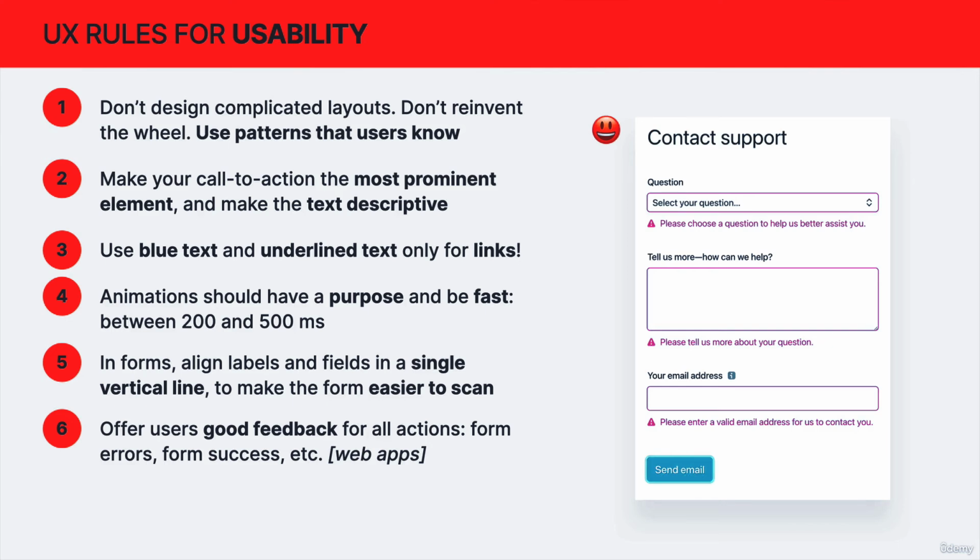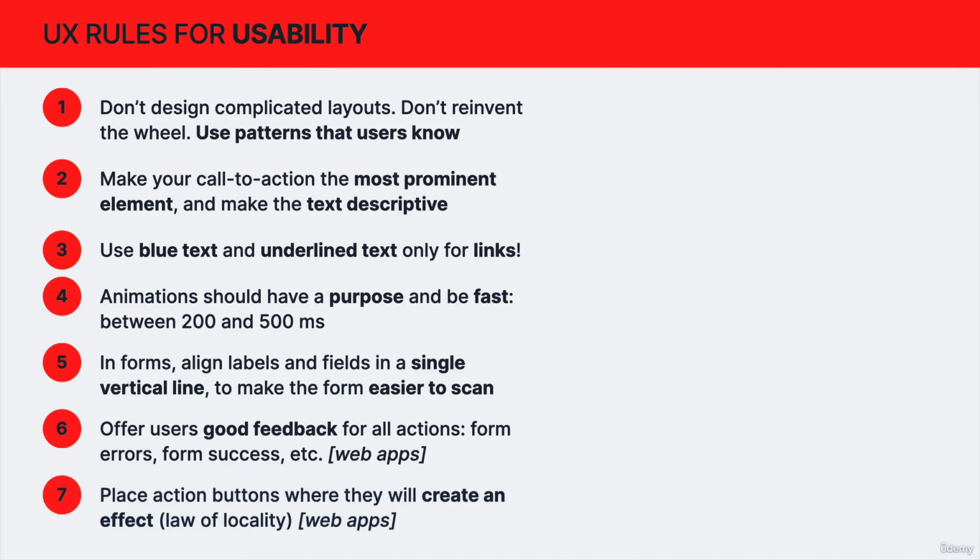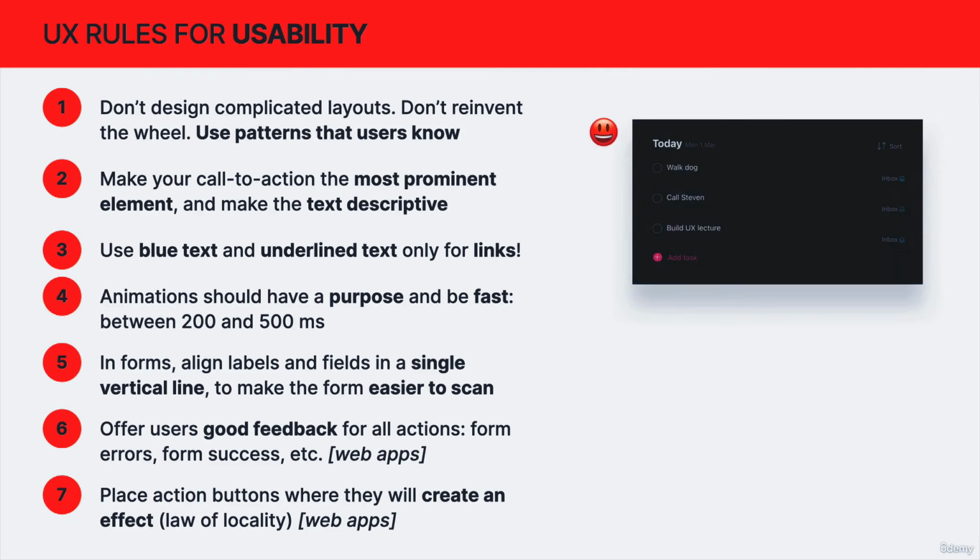And the final rule for usability of your interface is more about web applications, which is the law of locality. What the law of locality says is that whenever you have a button for a certain action in your user interface, you should place that button wherever that will actually create an effect. So in this example here, which is a simple to-do list, a new task will be added to the end of this list. And therefore, that is where the Add Task button is actually located.